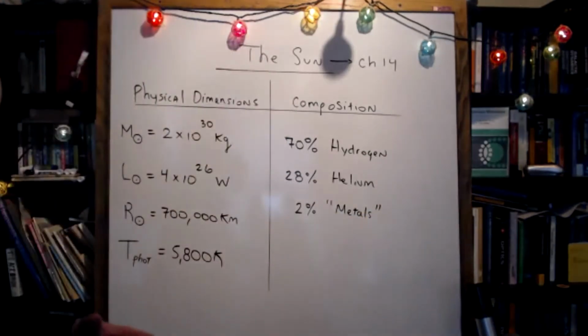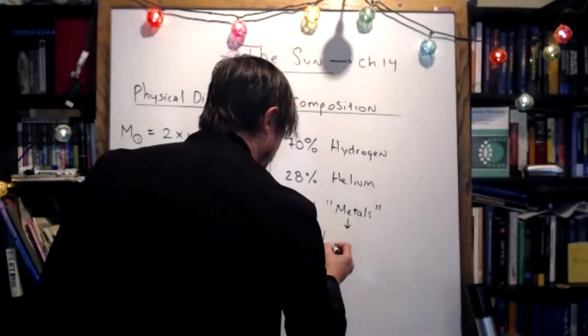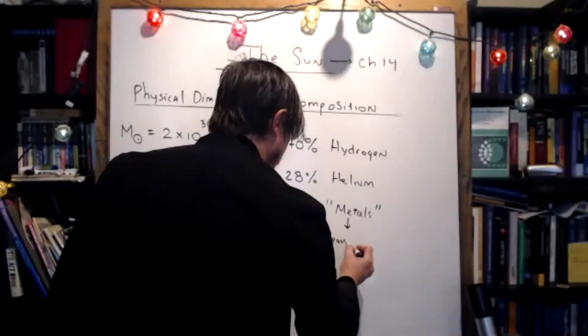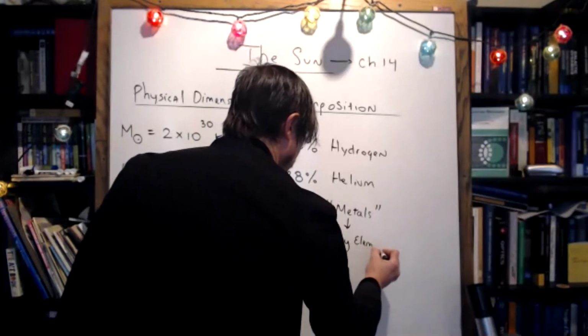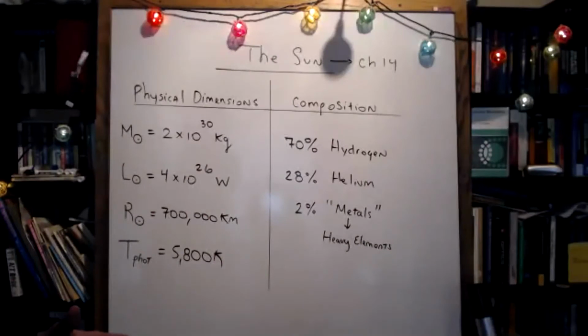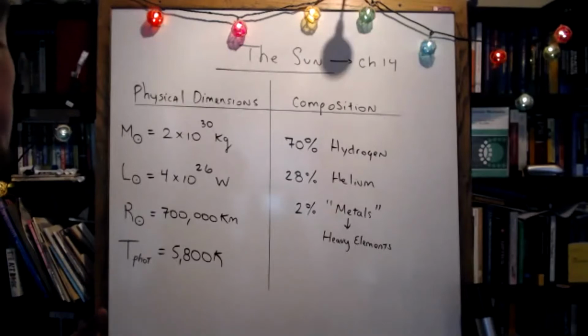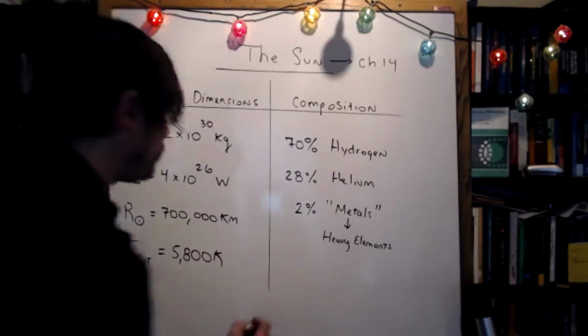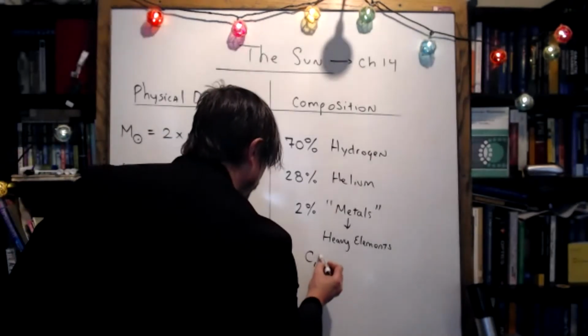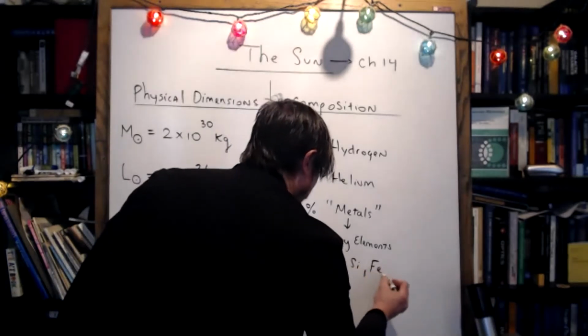But what is metals code for in astronomy? Metals just mean heavy elements. And heavy elements could be anything on the periodic table that is more massive than hydrogen or helium. Yeah, there's some gold in there, Cameron, but there's also things like carbon, nitrogen, oxygen, silicon, iron.